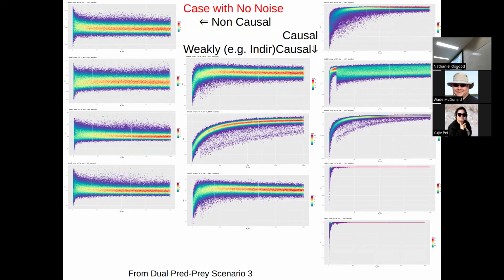The shape of these, and this is actually indirect causality in the middle. This is direct causality on the right. This is no causality on the left.